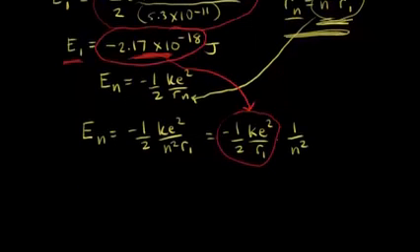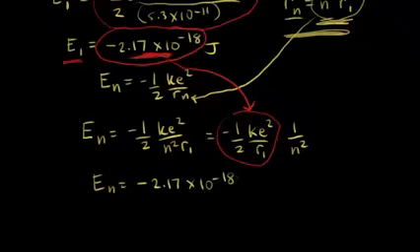So there's another way to write our energy. Energy is equal to negative 2.17 times 10 to the negative 18 times 1 over n squared, so we can just put it over n squared like that.